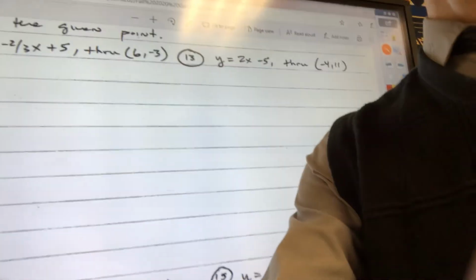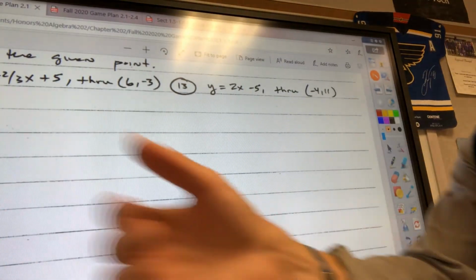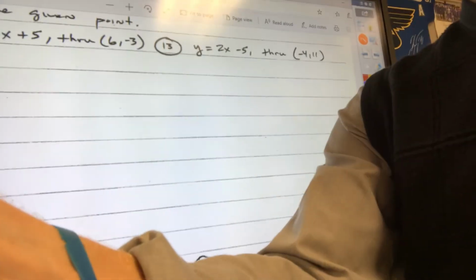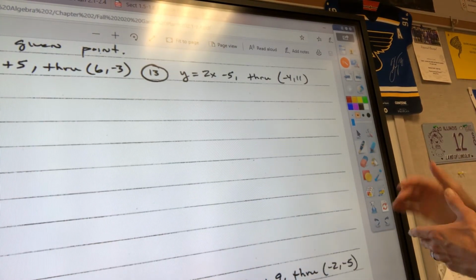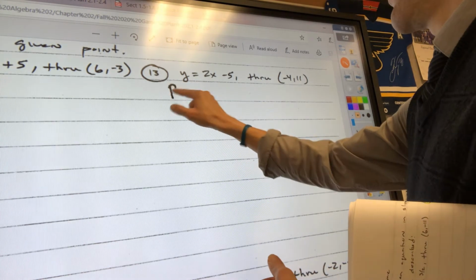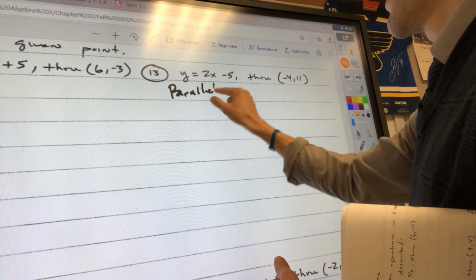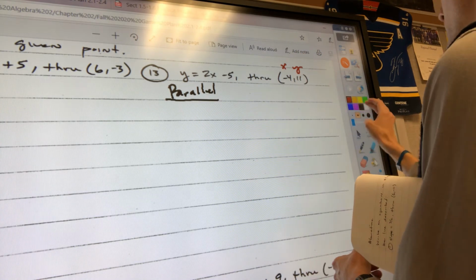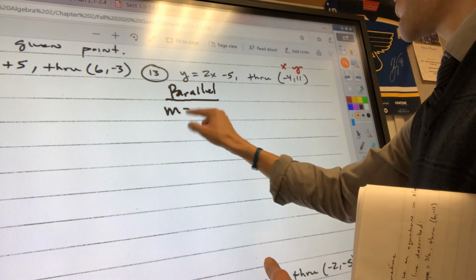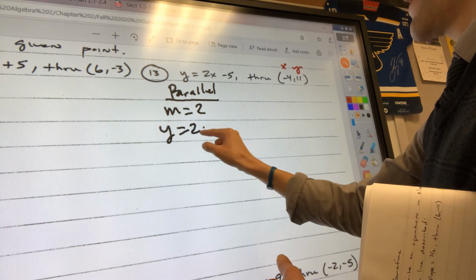There's 13. I'm like, where am I looking at? Sorry. 13. Let's see if we can bring this down. All right, technology. So I want the equation of a line that's both parallel, let's do parallel first, to this line, but goes through this point. So my parallel line has the same slope. My slope's going to be 2. So y is 2x plus b.